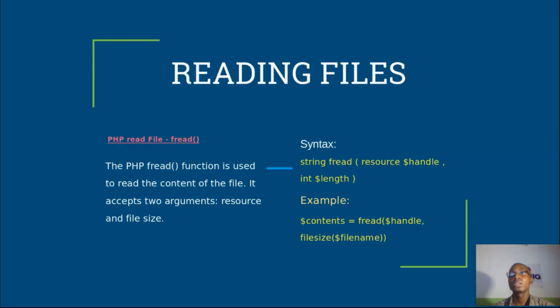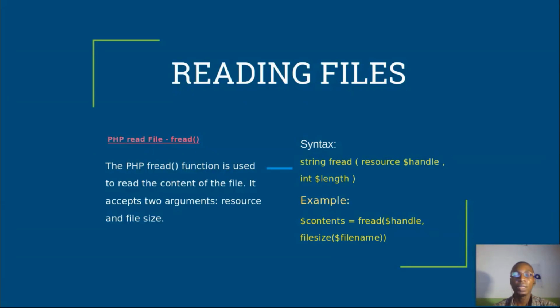Next thing is, when you open a file, you sometimes want to read the content, right? That is when you open the file in read mode. So fread is an inbuilt function that is used to read the content of a file. It accepts two arguments, the resource and the file size. When you are reading the file, you need to pass in the file size, and this returns a string.